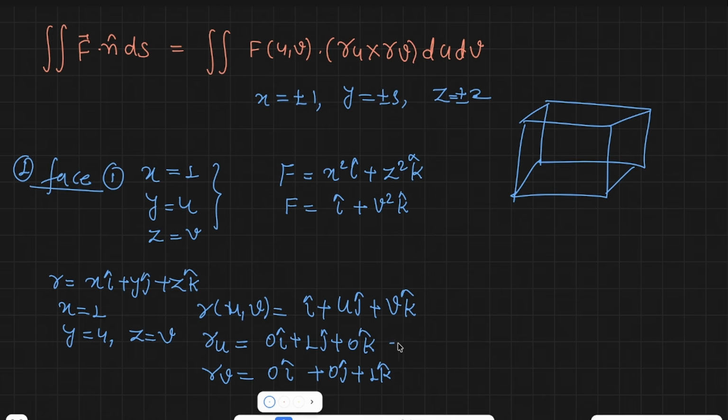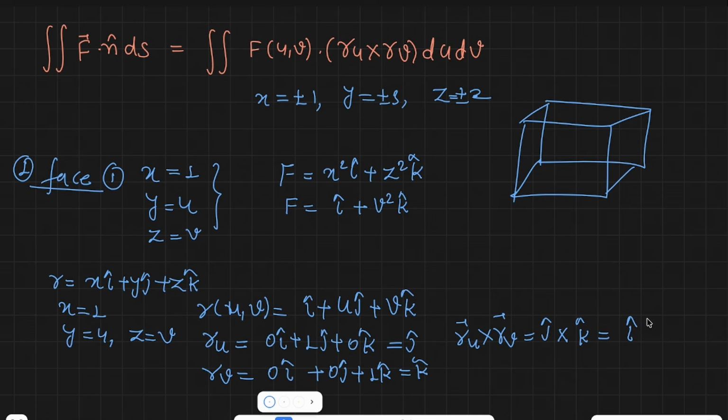So r_u cross r_v is j cap cross k cap, which is i cap, because j cross k is i. Or you can solve using the determinant form.